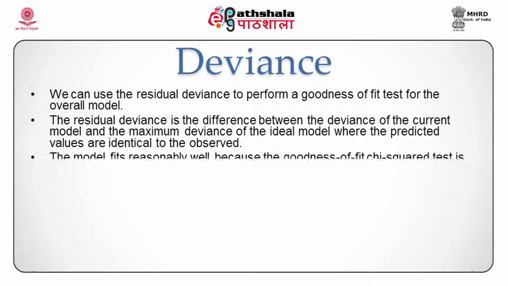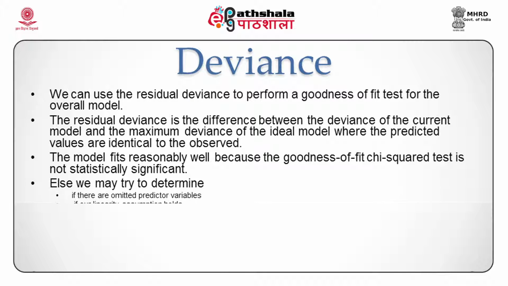So the goodness of fit chi-square test is not statistically significant, and this means that the model is a reasonably good fit. In the case when the model is not a reasonably good fit, our next option would be to look at whether there are omitted predictor variables by using the update function on the GLM object. If our linearity assumptions hold, this can be done in a number of ways.